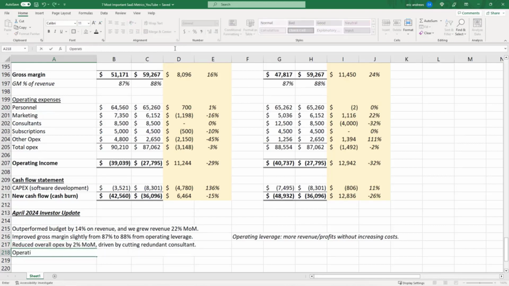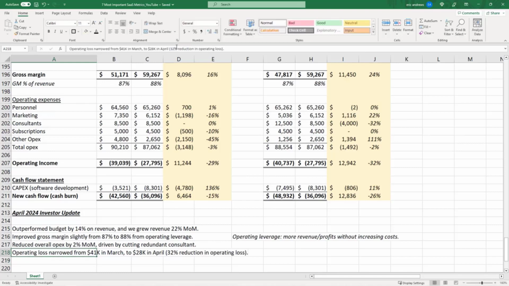And then you can say operating loss narrowed from 41K in March to 28K in April. So that's a 32% reduction in operating loss. So you can see that here. And we already talked about our burn rate, so I don't think we need to cover that again.